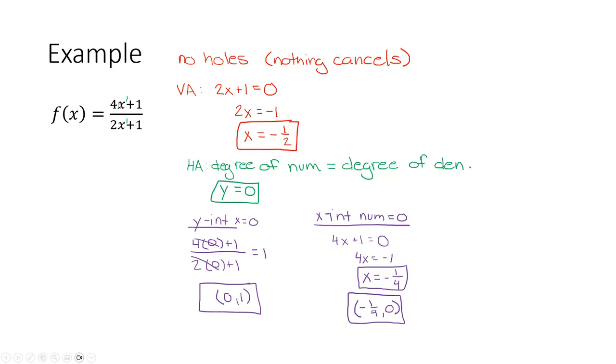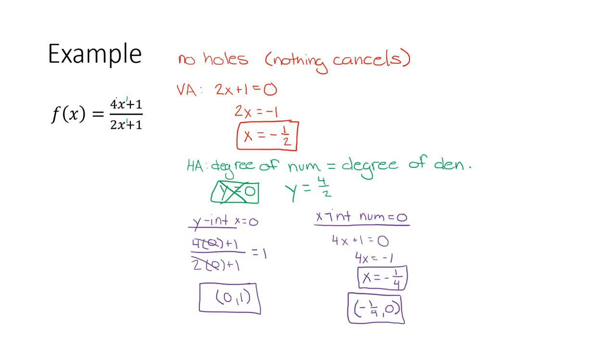So instead of a horizontal asymptote at y equals 0 for this first example, we should have had a horizontal asymptote at, sorry about that, guys. So we should have had a horizontal asymptote at y equals 4 over 2.